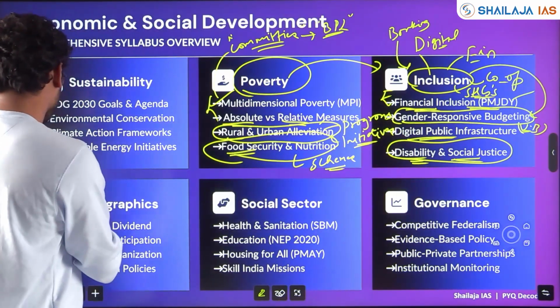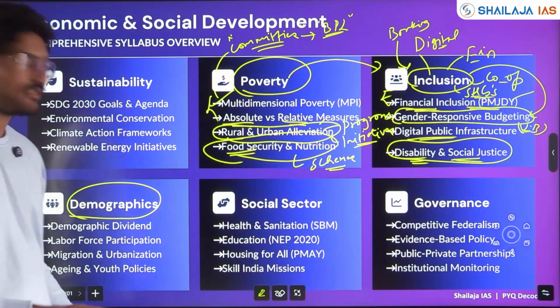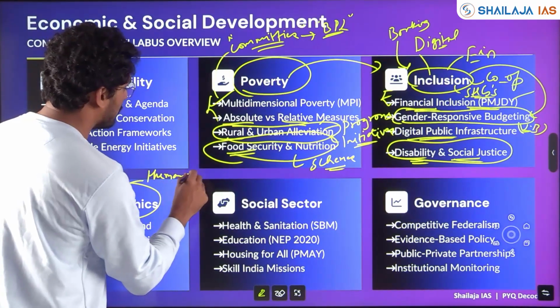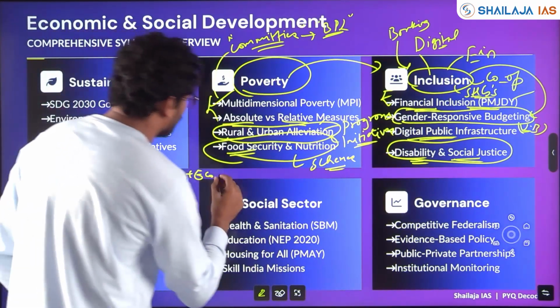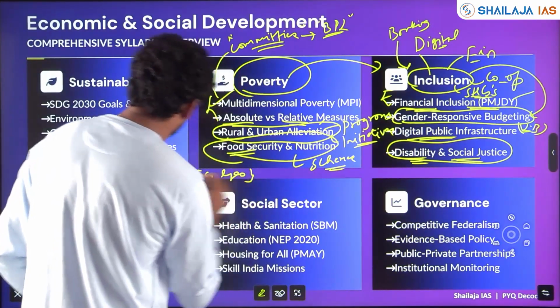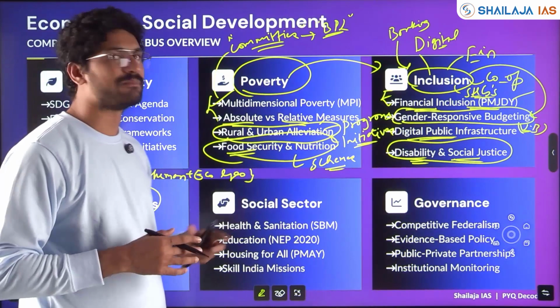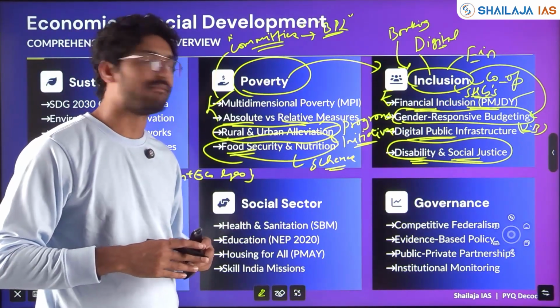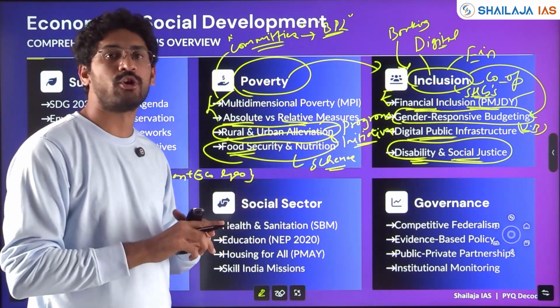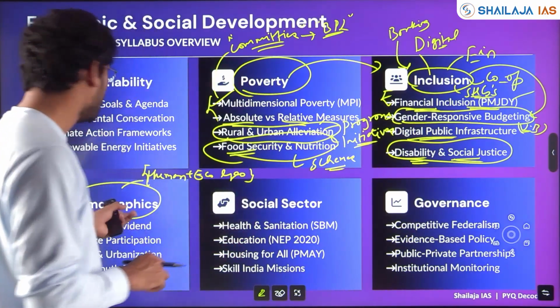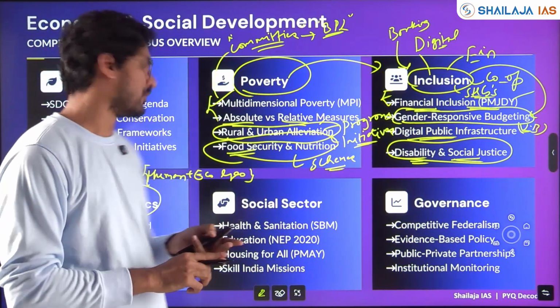Next you have demographics. This is human geography linked with economic geography. So economy is a very vast subject and it has diverse cross-linking with environment, with sociology or social development, and with human and economic geography.